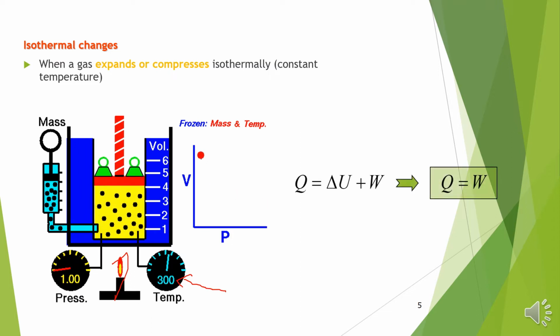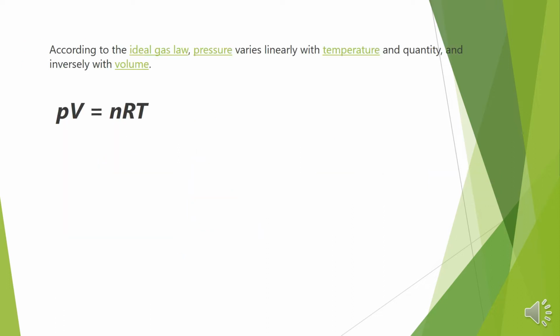What will happen here is that Q equals delta U plus W. Since delta U is 0, Q is equal to W. According to the ideal gas law, PV is equal to nRT.